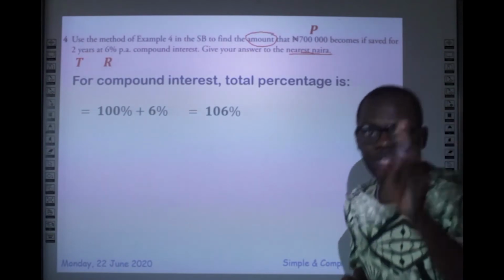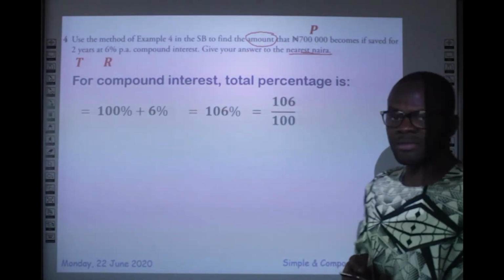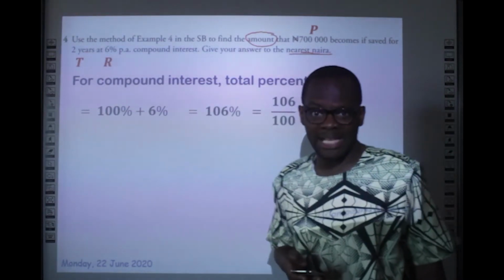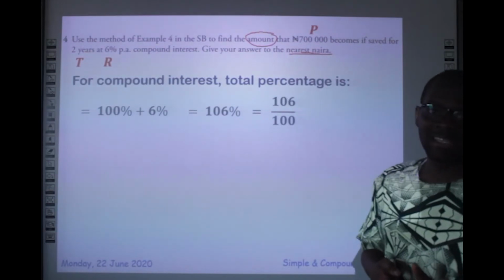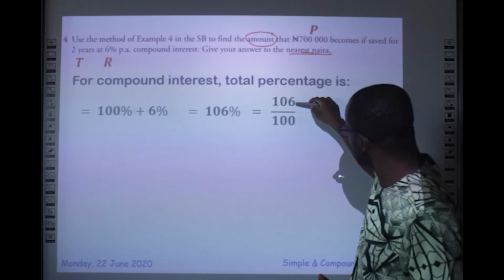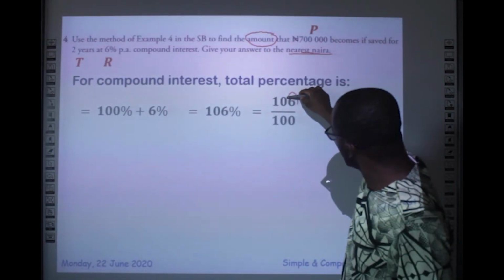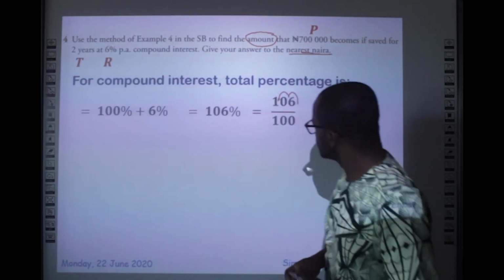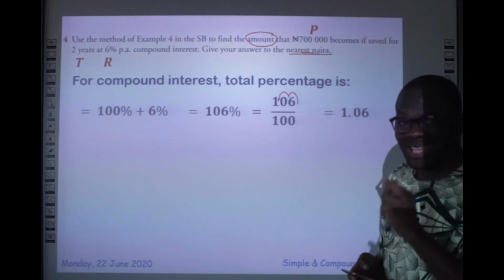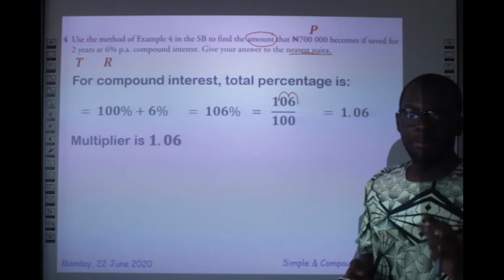And 106% you convert to a fraction, that's 106 divided by 100, which is also converted to a decimal. 106 over 100 is simply 1.06. And what you do when you divide by 100 is you simply move the decimal point 2 places to the left. 1, 2. So you have 1.06. So this will be your multiplier. Take note, this will be your multiplier.